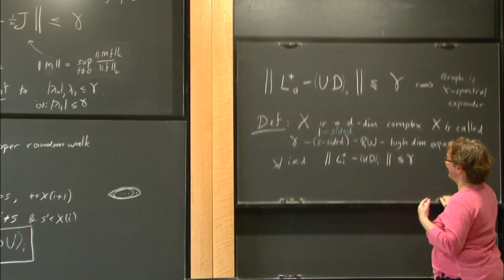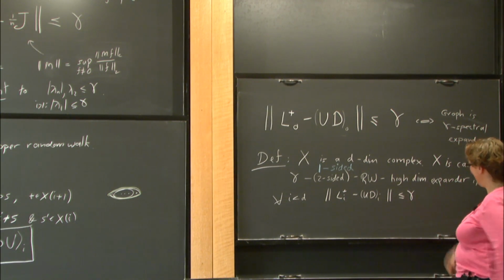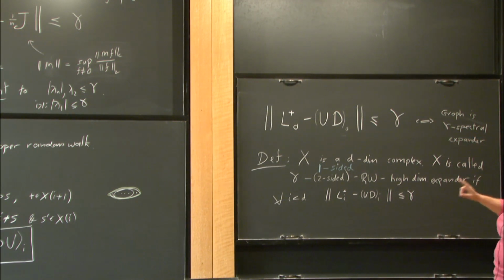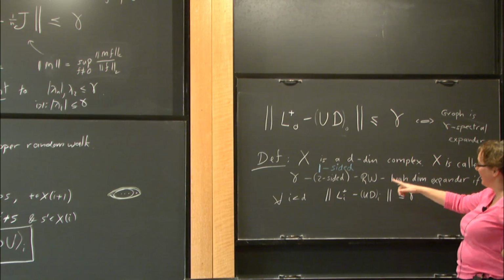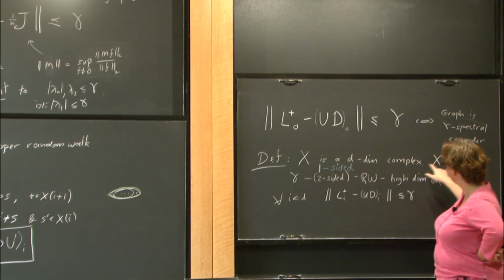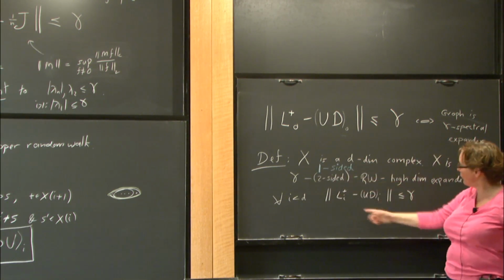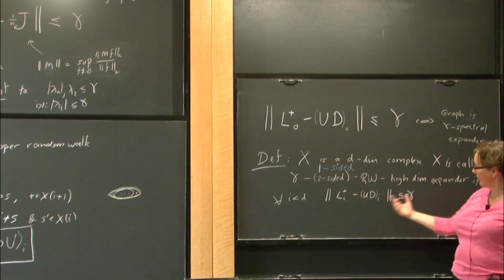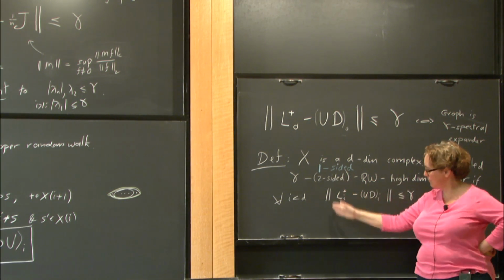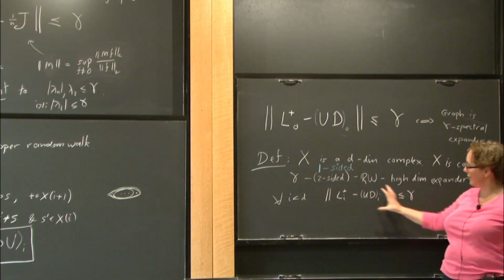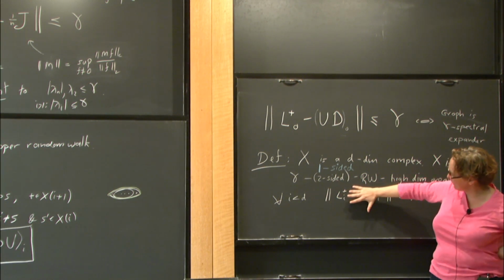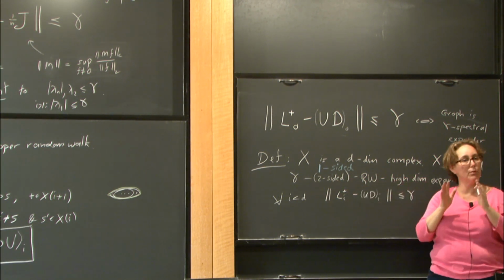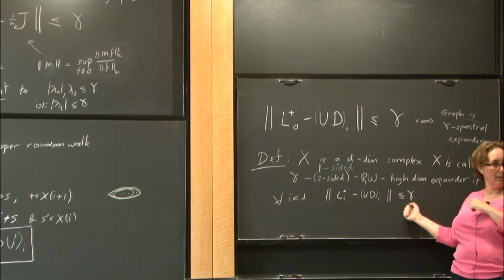I'm just realizing this. Thank you. Yeah. So let's do the one-sided, and then we move to the gold standard. We said that X is a d-dimensional complex. It's a two-sided random walk if you have this bound. The meaning of this bound with this norm is that the operator written inside here, it doesn't matter what it is, all its eigenvalues in absolute value are bounded away by gamma.